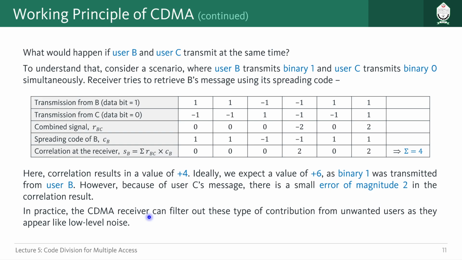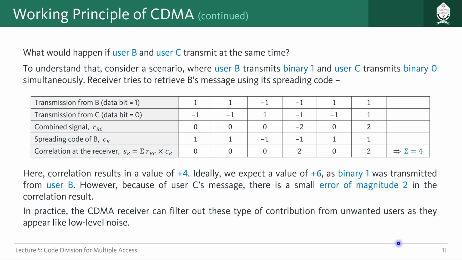So this is the basic working principle of code division multiple access. We have different unique codes assigned for each user, which are orthogonal or almost orthogonal to each other. As a result, there is much less interference, or sometimes even zero interference among the users, so that we can retrieve the signals as we want.